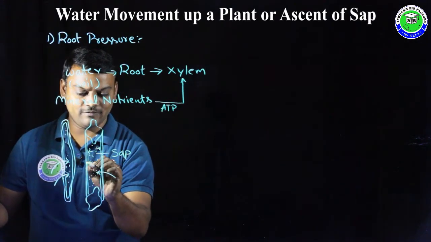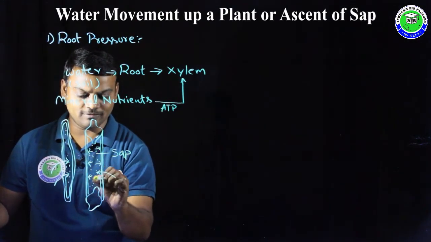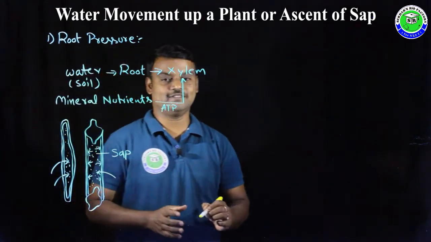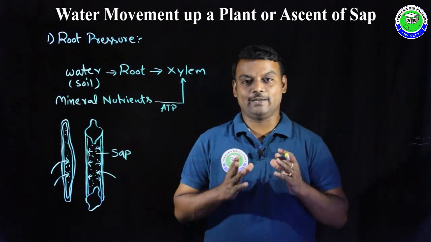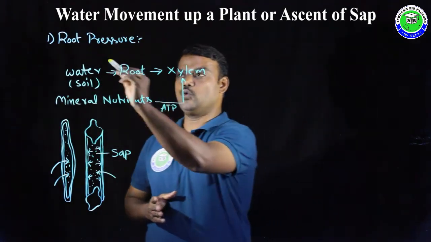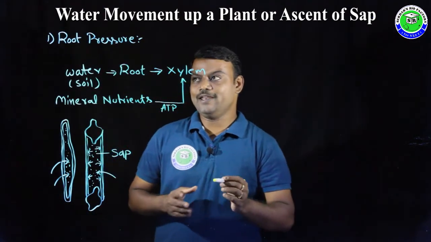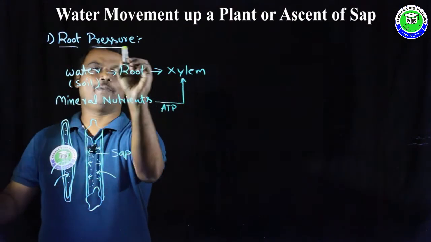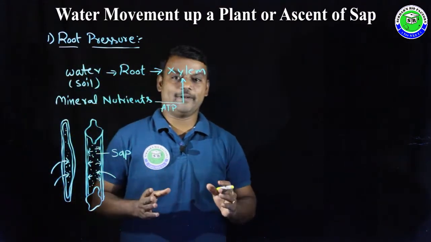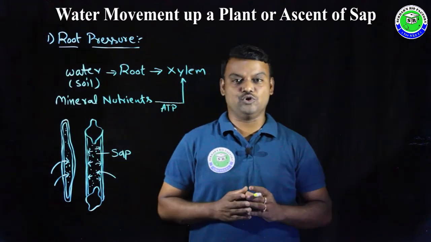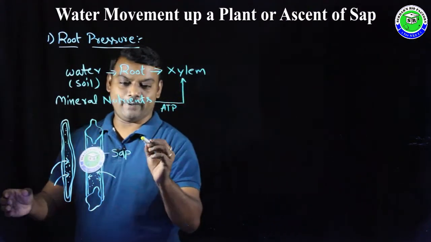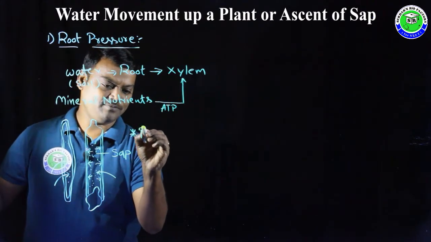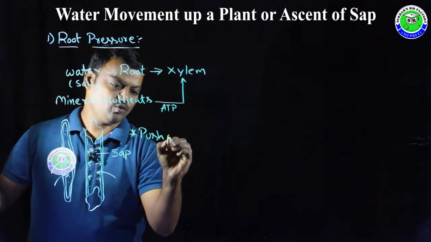The pressure created on the surrounding walls, this positive pressure created inside the root, is called root pressure. The main importance of root pressure is that it helps to push the water in the upward direction.